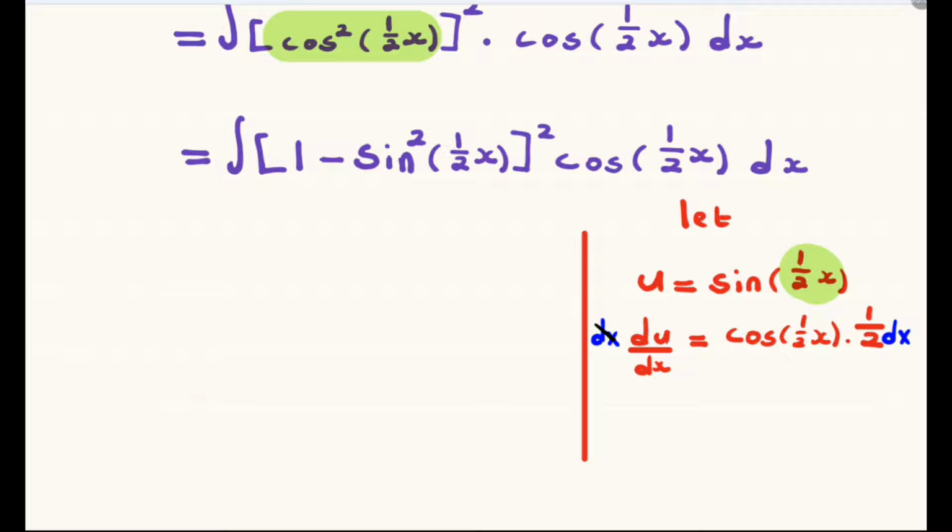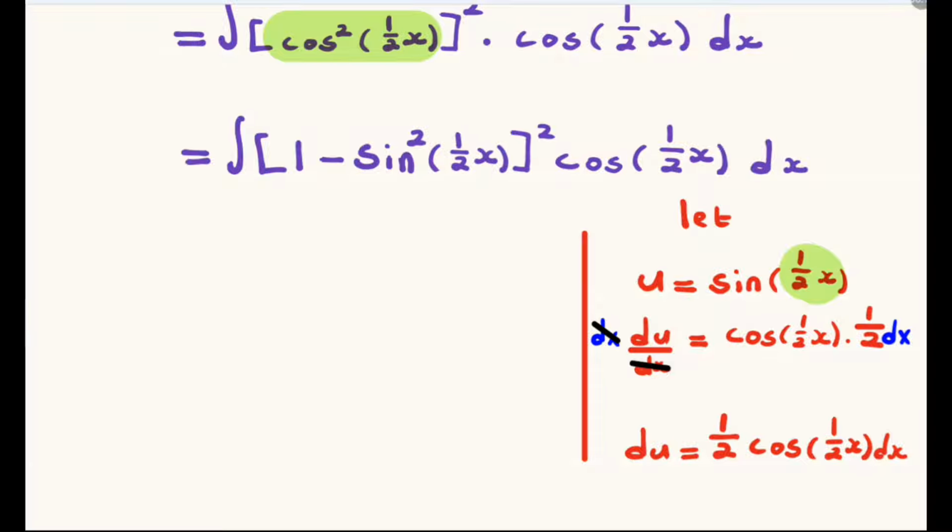That dx and that dx in the denominator will cancel out, such that du will be equal to half multiplied by the cos of half multiplied by x dx.